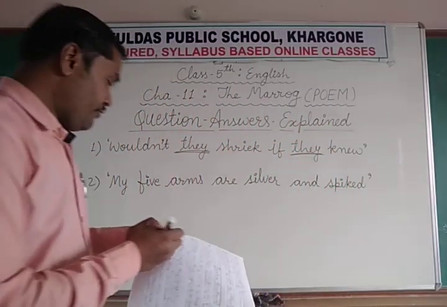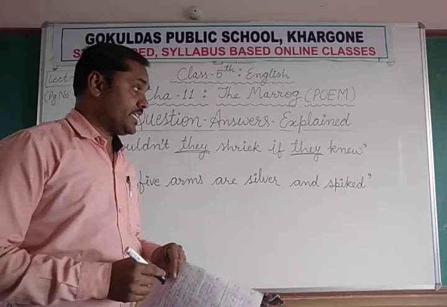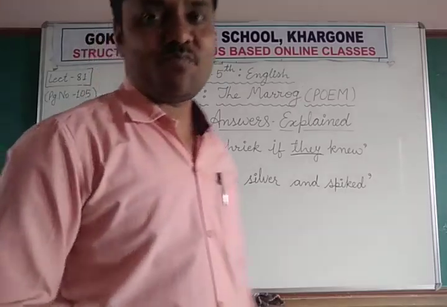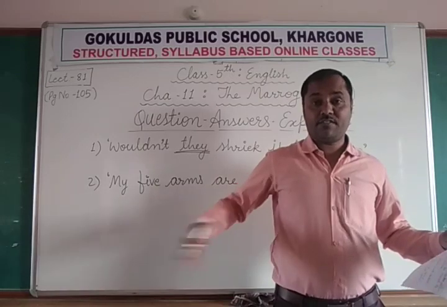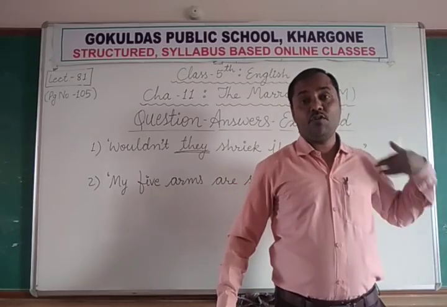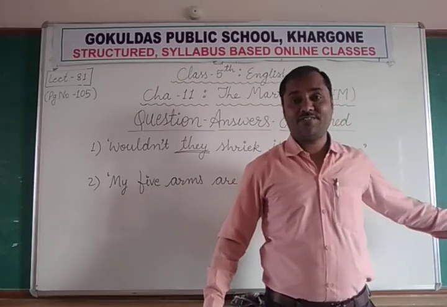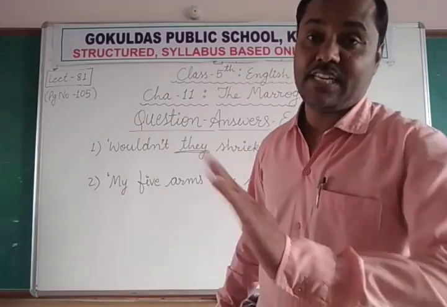Okay, my five arms are silver and spiked. Five arms: one, two, three on the right side and four, five on the left side, as you can see in the picture.